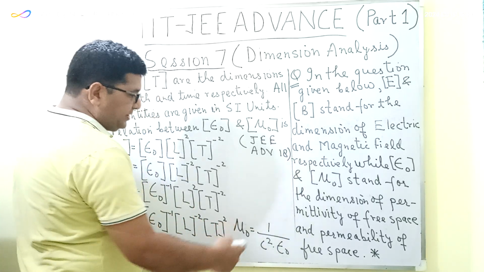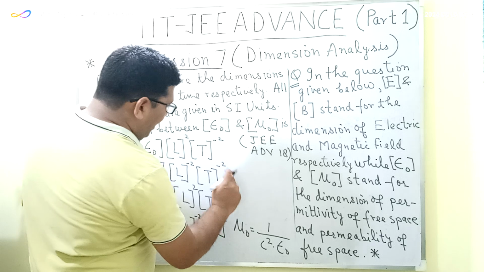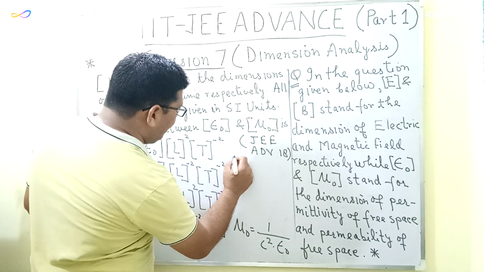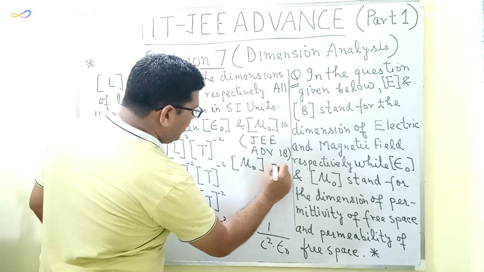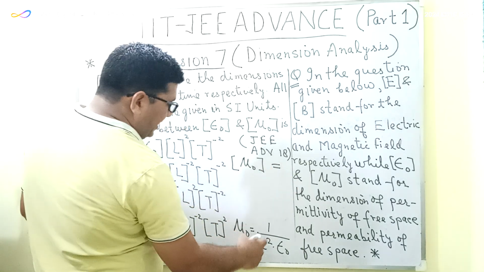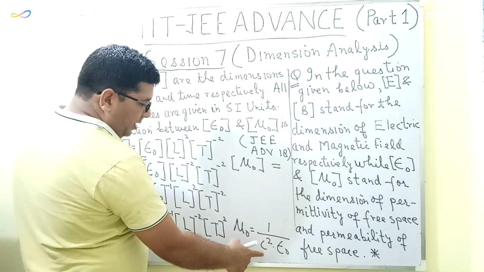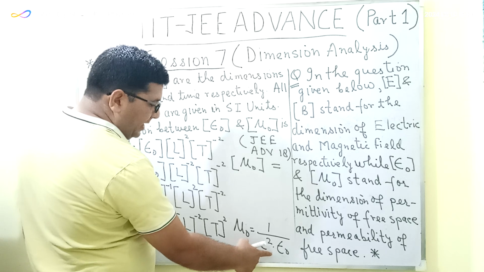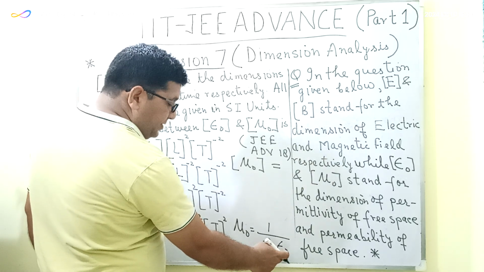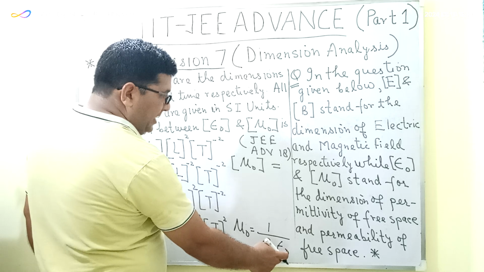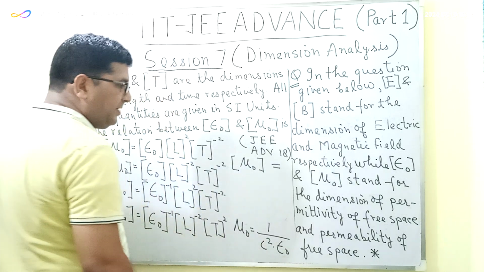So using this principle of homogeneity, I can write that the dimension of mu naught should be equal to the dimension of the velocity of light and the dimension of epsilon naught, which is the permittivity of free space.